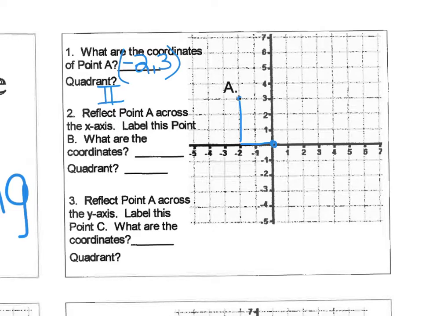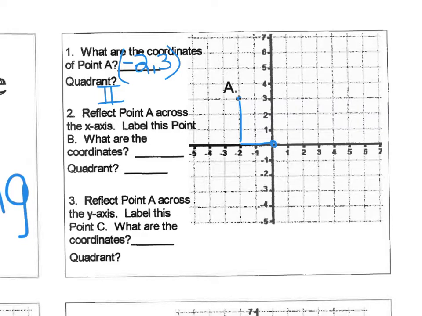You look the same, the same shape, the same size, but if you were wearing a shirt or hat and it had words on it, those are going to be flipped or backwards, okay, or the opposite direction. So a reflection is similar but opposite. Okay, so we're going to see how that comes into play here when we reflect a point.